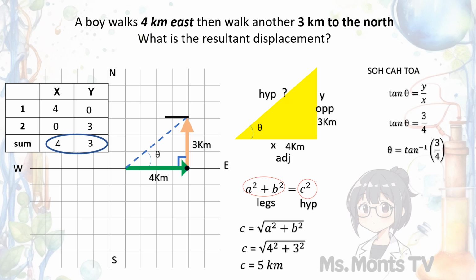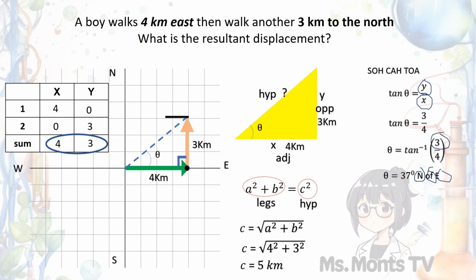Then, to get the angle, we will use the arctangent. Arctangent of 3 over 4. If we use the calculator, the angle will be 37 degrees. And it is north of east. Why north of east? Because this is y over x.